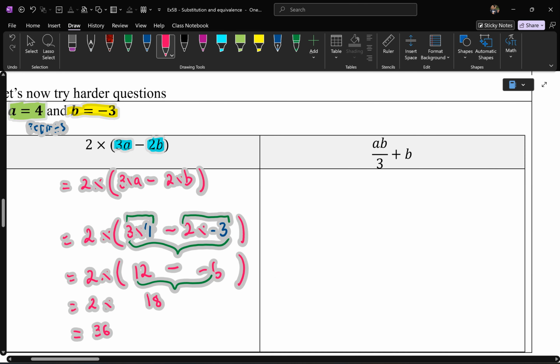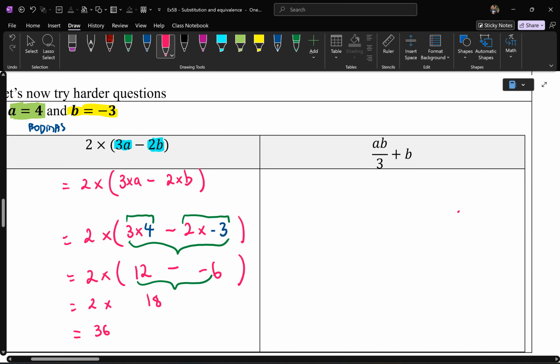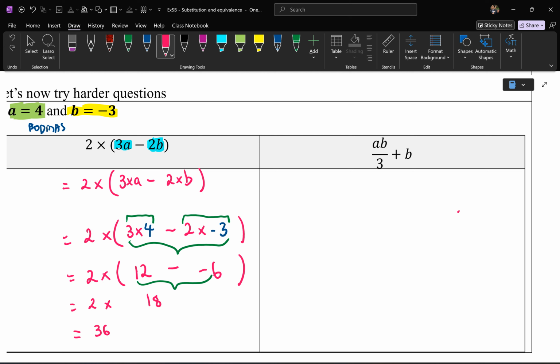Last example. AB over 3 plus B. Looks scary, but take your time. What does AB mean again? A times B. Very good. Divided by 3 plus B. Let's work this out.